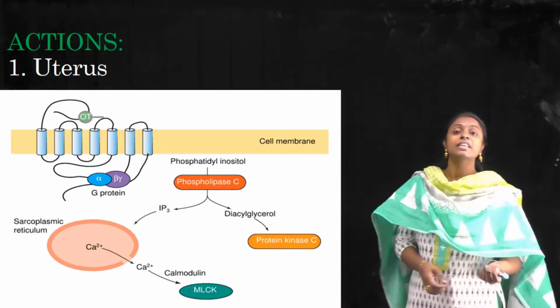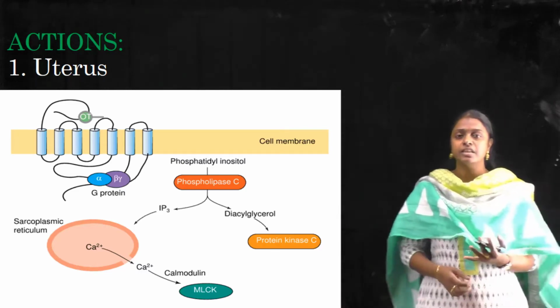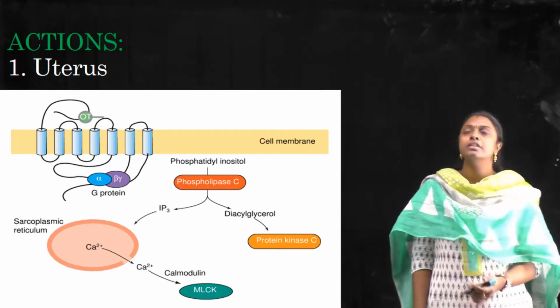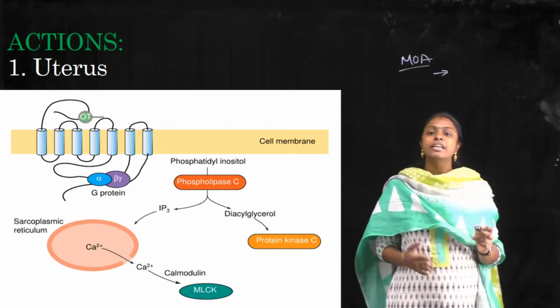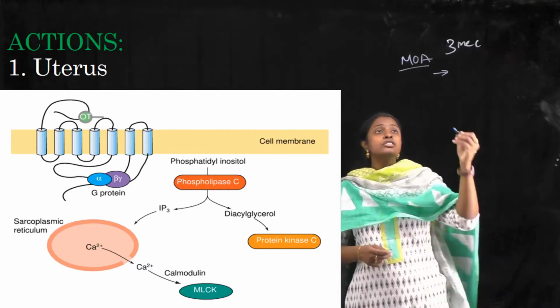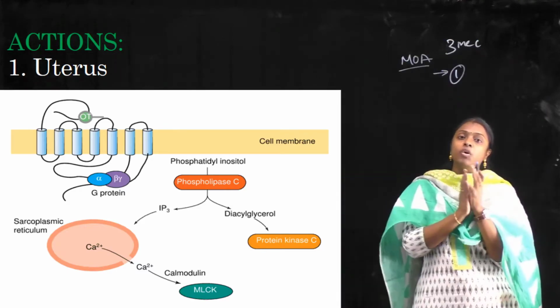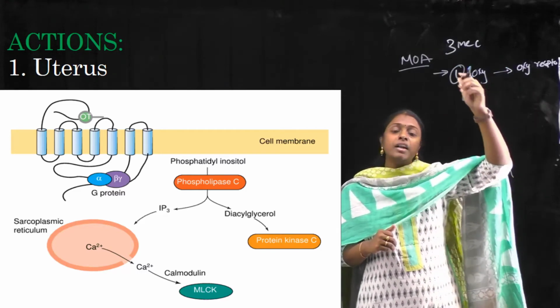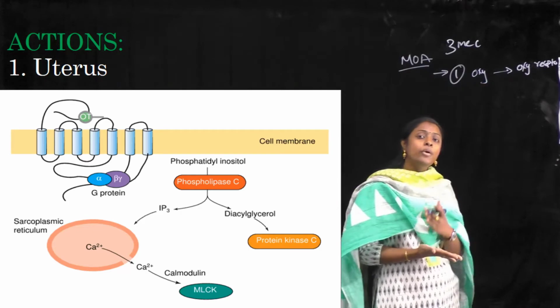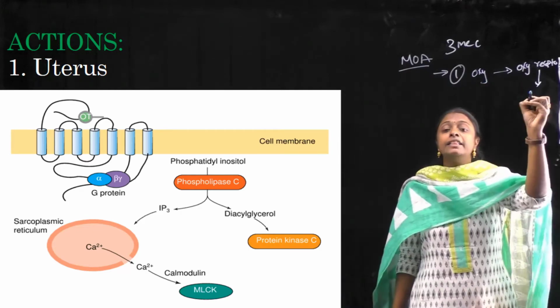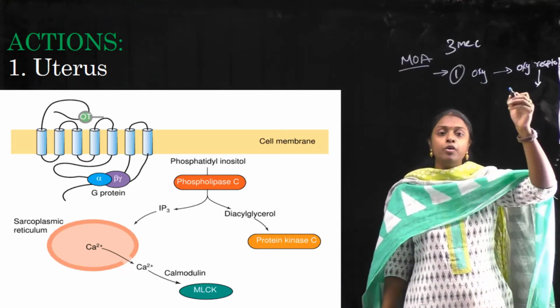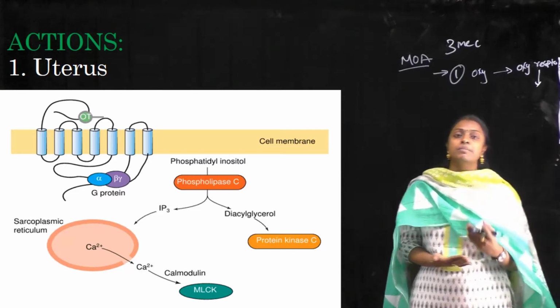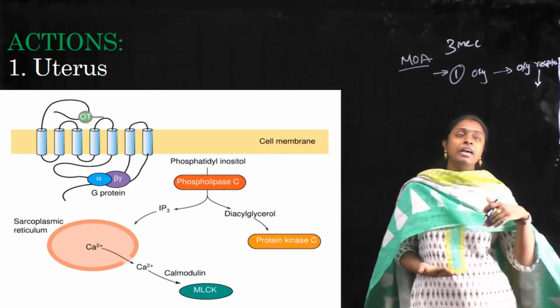Now let's see the mechanism of action of oxytocin. How is it acting? It works through three mechanisms. The first one is that oxytocin will bind to the oxytocin receptor, which is in our myometrium. I told you the myometrium is the muscle part.